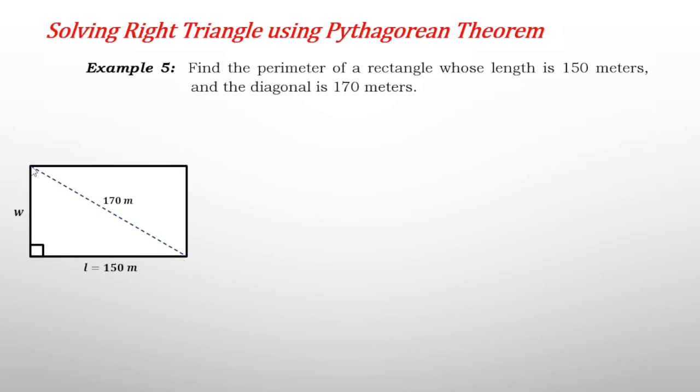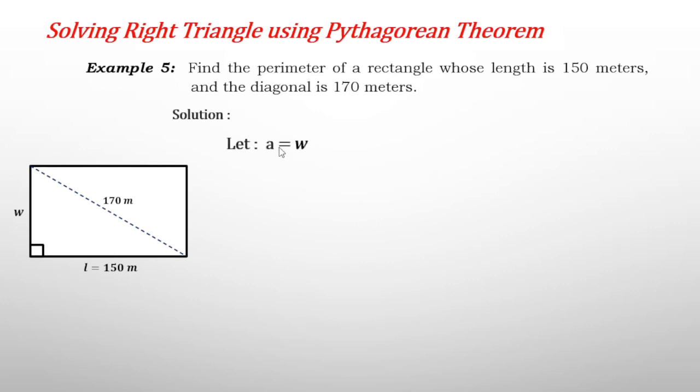And take note, if we cut this rectangle into two by its diagonal, then we can form a right triangle, whose width is one leg of the right triangle and the length is the other leg, and the diagonal becomes the hypotenuse. Since we are looking for the width of the rectangle, in order for us to get the perimeter, the total side of this rectangle, we're going to solve the width using the right triangle.